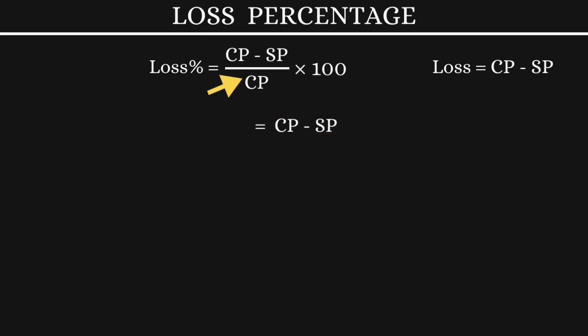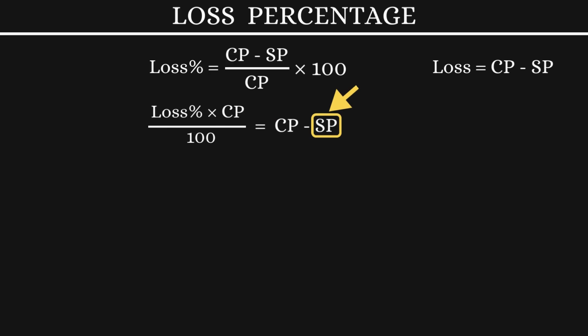Let's use it here. Now keeping this expression as it is, we'll move the remaining terms to the other side. Division here becomes multiplication and multiplication becomes division. So we have loss percentage into cost price divided by 100 is equal to cost price minus selling price. Now we'll write the formula for the selling price.